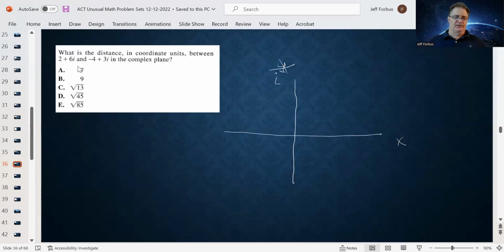So we got 2 and -4. Let me just make some tick marks here. 1, 2, 3, 4, 5, 6. It doesn't have to be perfect, but keep them spaced as equal as you can.